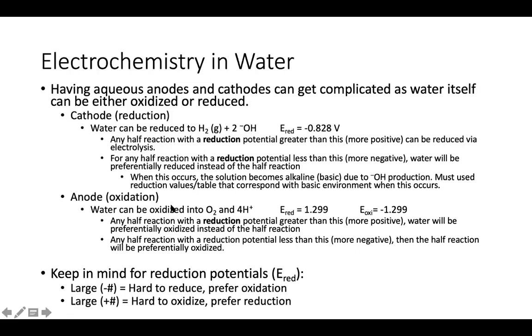If you take a step back and look at this in general, these trends make sense. Large negative numbers are hard to reduce. You'd prefer to oxidize them, because oxidizing changes the sign on this large negative number, making it a large positive number, which helps the reaction be spontaneous.